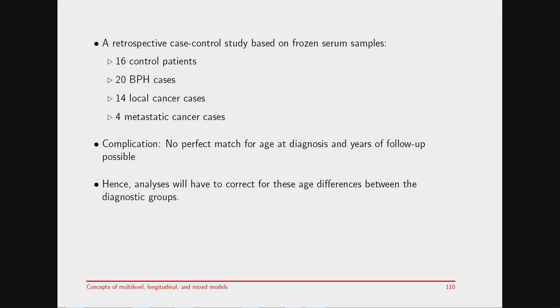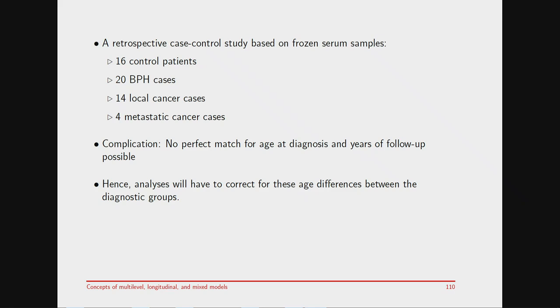It was just impossible to get control patients sufficiently old, meaning as old as the cancer cases and the BPH cases. So you will see in the data that the control patients are still really younger than the patients in the other groups. That means that in all the analyses, the models that I will show you next week, we will have to correct for age.